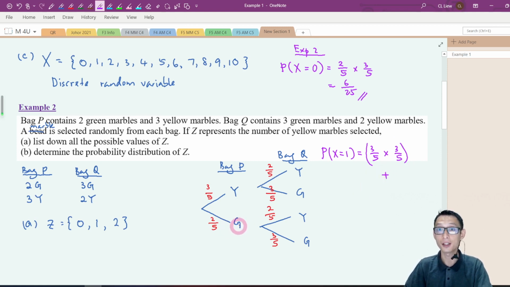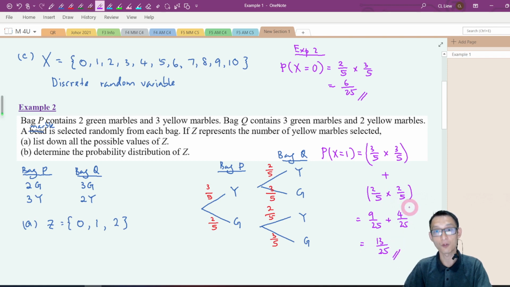Plus green, yellow, 2 over 5 times 2 over 5. Okay, this will give us 9 over 25. How about this one? 4 over 25. So the sum between these 2 will be 13 over 25.